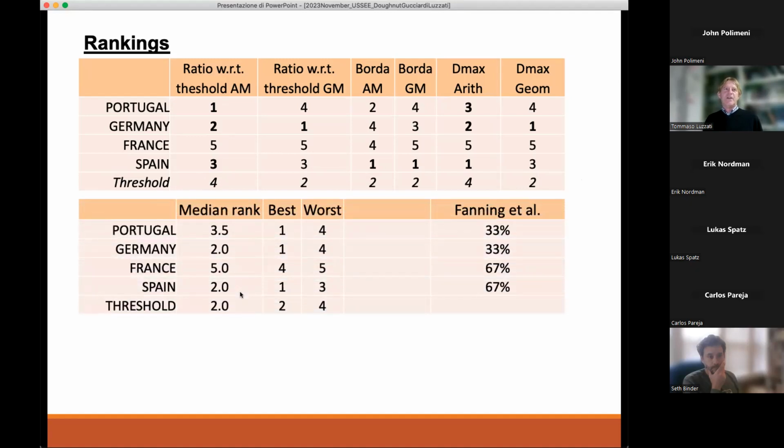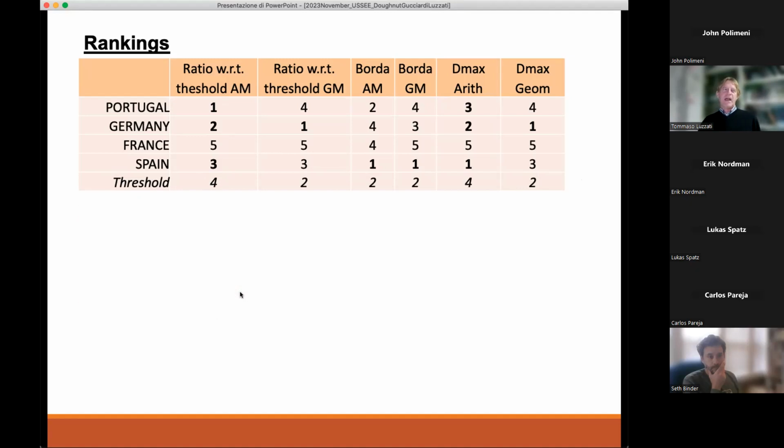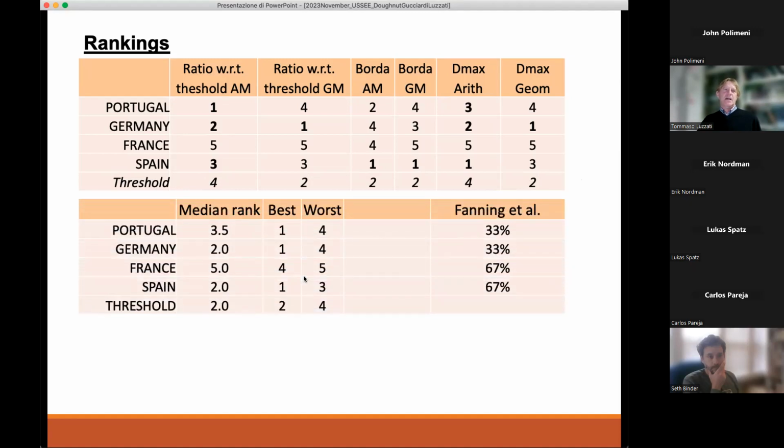So after calculating many possible rankings, in this simple example we have only 6 rankings, we can take some statistics. We can take the median rank of our units, and we can calculate the range, the best and the worst.